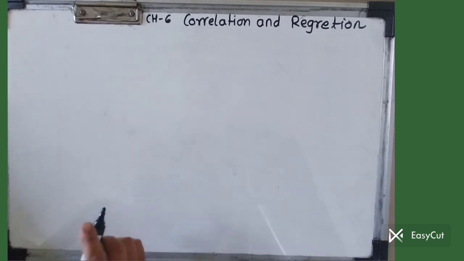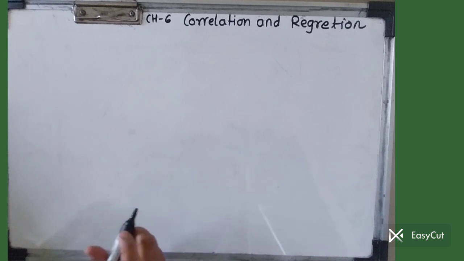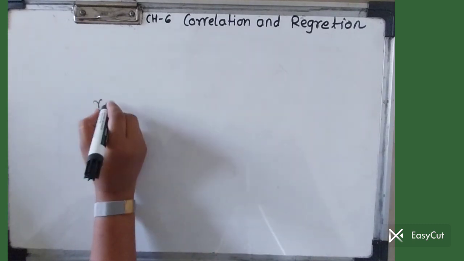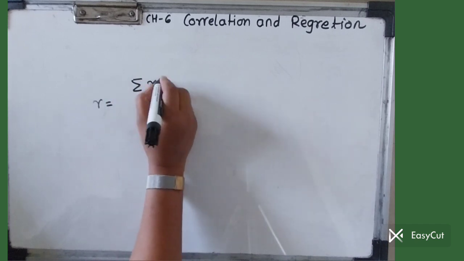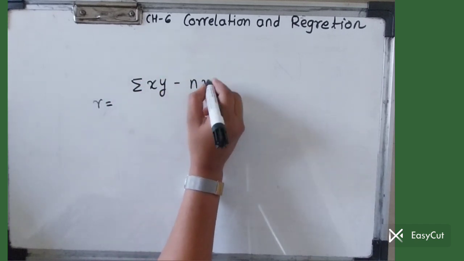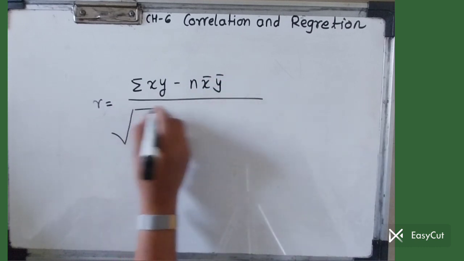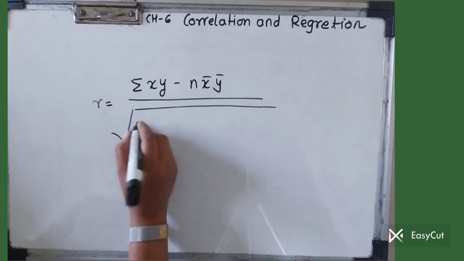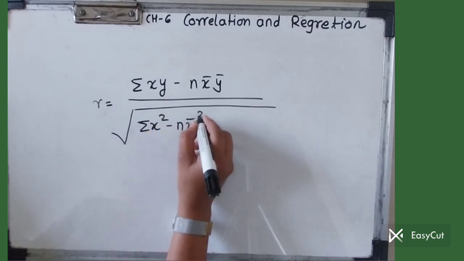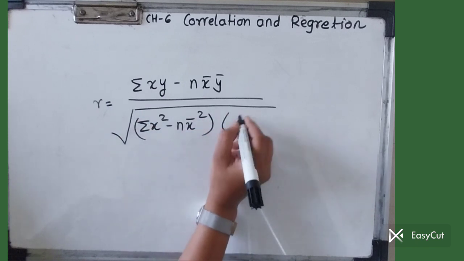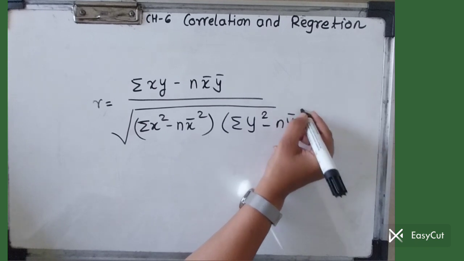In the last lecture we studied the Karl Pearson coefficient of correlation. It is denoted by r. The formula is summation xy minus n x bar y bar, upon under root, summation x square minus n x bar square in one bracket, and summation y square minus n y bar square in a second bracket.